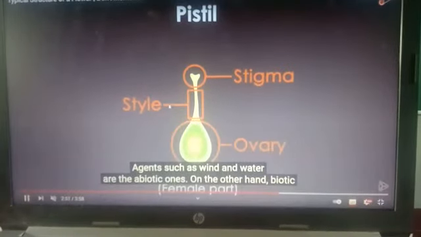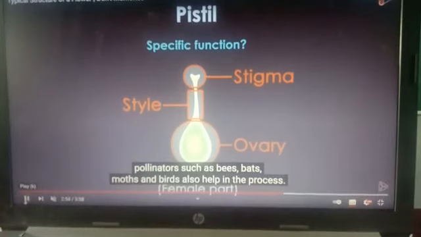This upper swollen part is called the stigma. The function of the stigma is to receive the pollen grain during the process of pollination. This is the style. The style is a tube-like structure that connects the stigma to the ovary and helps the transfer of pollen grain from the stigma to the ovary, because the ovary contains the ovule.